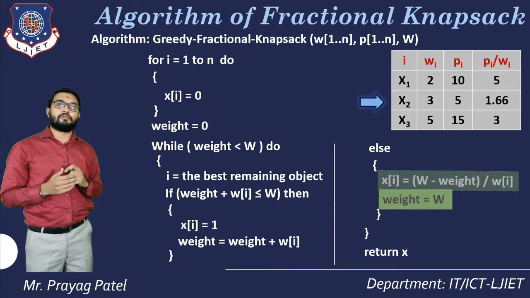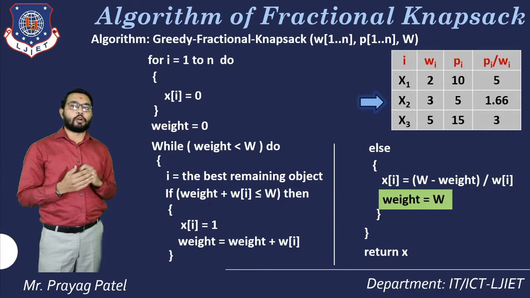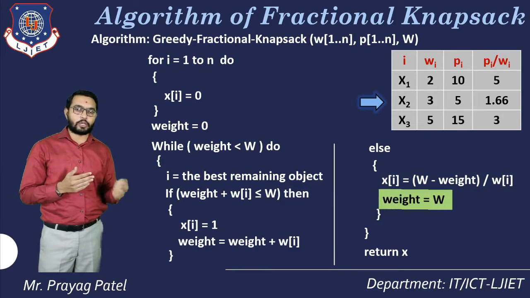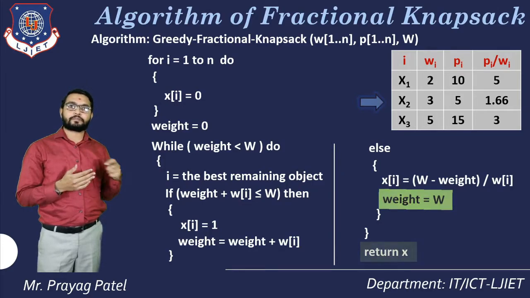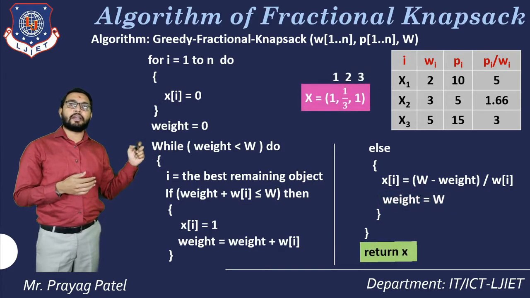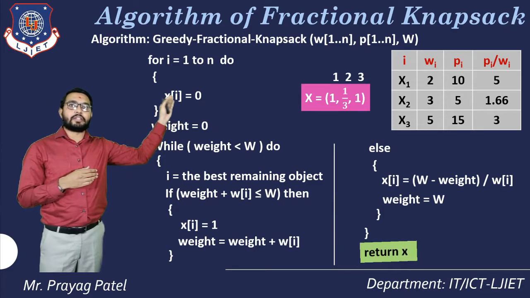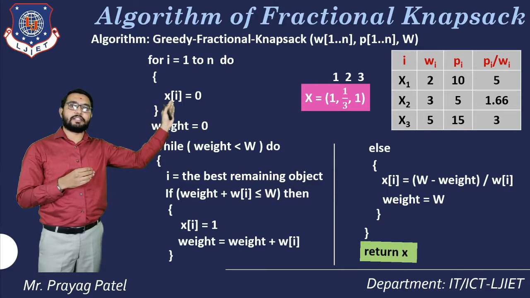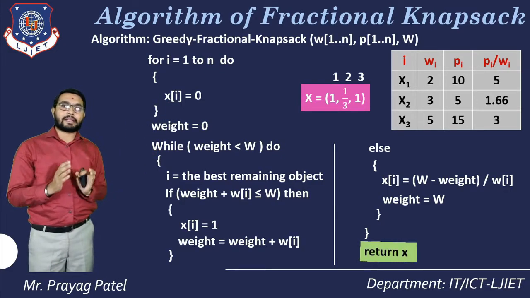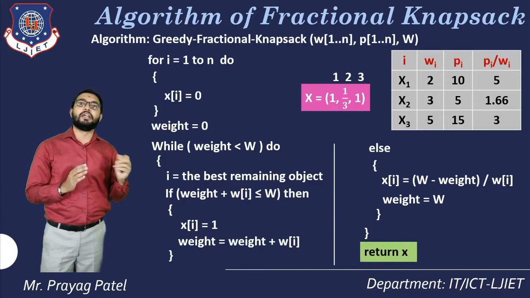The next step is weight equal to capital W, because the total was already 7 kg and we select 1 kg more, so the total equals 8 kg. The last step, return x, means the selected objects x equal to 1, 1 by 3, 1. This is the final answer for the fractional knapsack problem using the greedy algorithm.